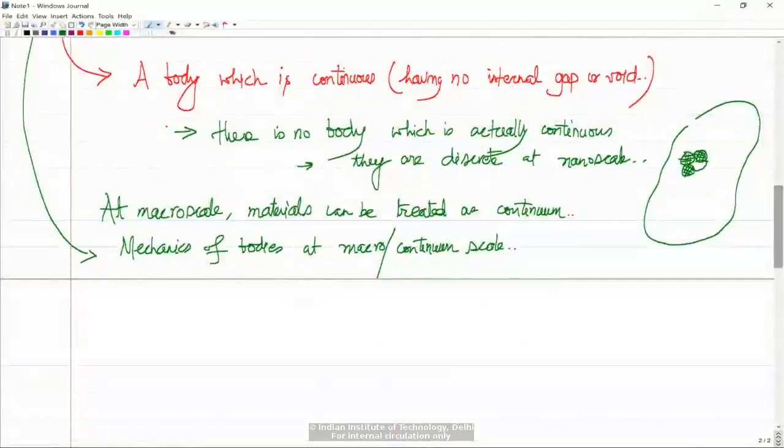You can model a body as a uniform continuum body having no gaps. You can forget about individual atoms and grains and treat it as a continuum body. It helps as far as the kinematics is concerned, which you will see as we move along. Is that okay to everyone?